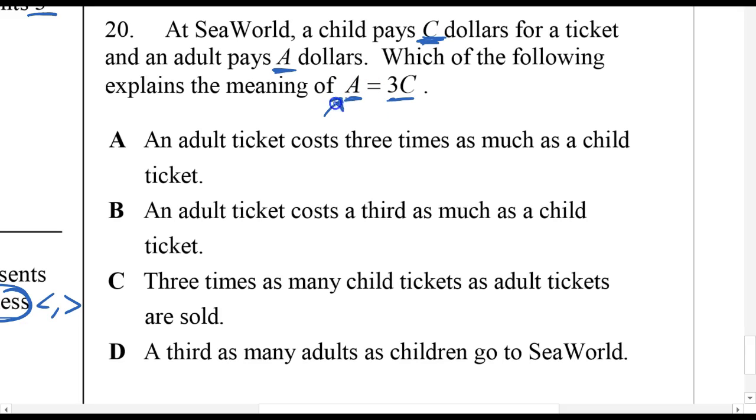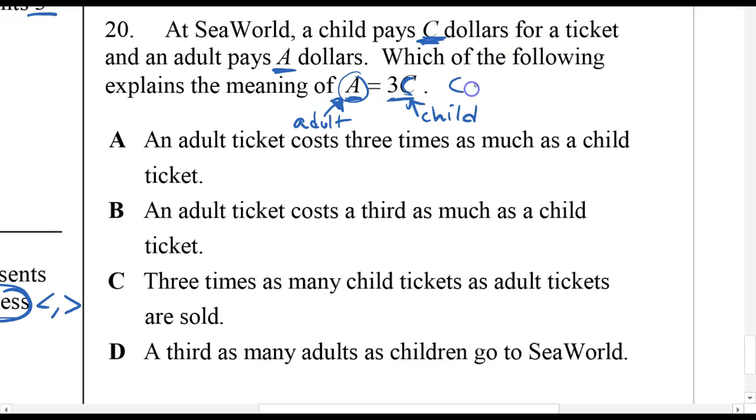They're saying that number is A. This is for the adult. And then this one is for the child. So this is how much it costs for an adult. This is saying that in order to equal the cost of the adult, we'd have to multiply the cost of the child ticket 3 times.